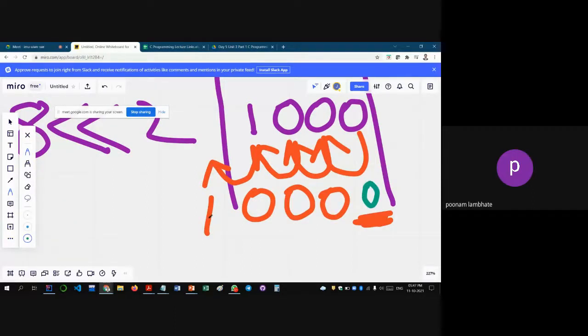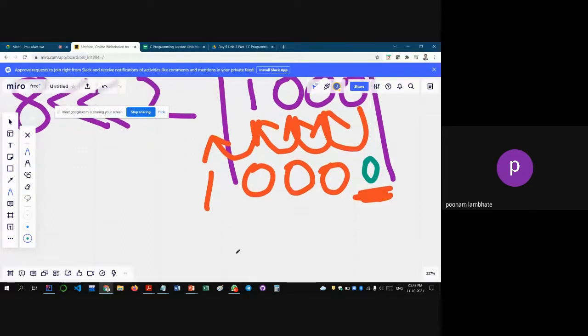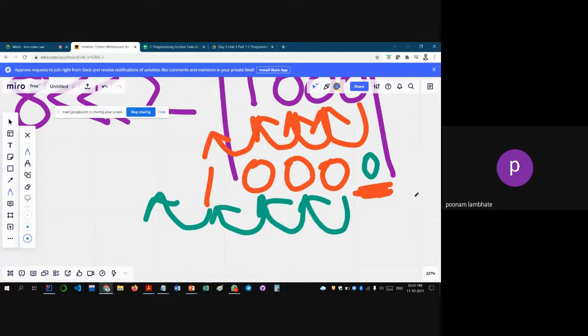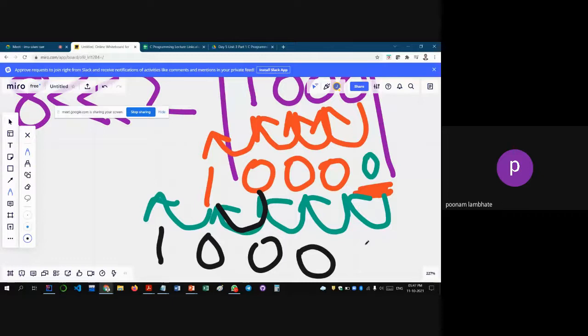Okay, then again we want to shift because we want to shift in total 2 times. So this 1 will get shifted, this 0 will get shifted, this 0 will get shifted, this 0 will get shifted. So finally the output will become, this 1 has come here, this 0 has gone here, this 0 has gone here, this 0 has gone here, and this is your 0 and 0.